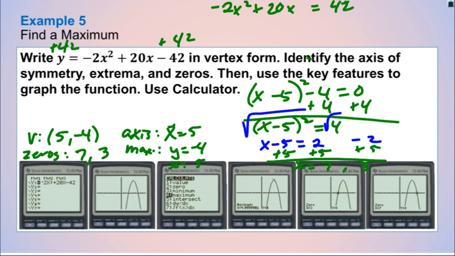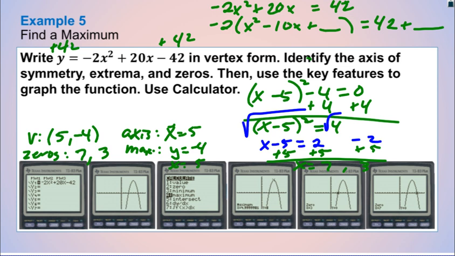Now on this side, I'm going to factor out a -2. That leaves me with x squared minus 10x, and then I have to do plus a number equals 42 plus a number. Just because we have a dilation in here, and the dilation is a -2 here, and there's a reflection involved.